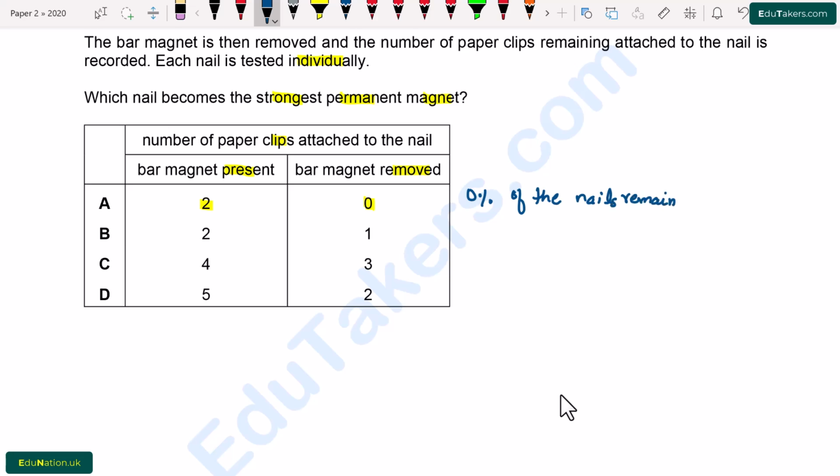Option B is 2 and 1. It means that 50% remains. Option C, 4 and 3. Almost 75% remains.